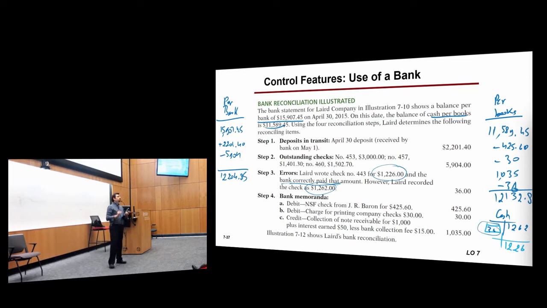Okay? So when you're doing this one, most of the time people make mistakes when they are correcting errors. So the easiest way to do that is, if you want, you can simply reverse that transaction. Just do the correcting entry. But you have to make sure that it's actually plus 36. So now, let's do that.